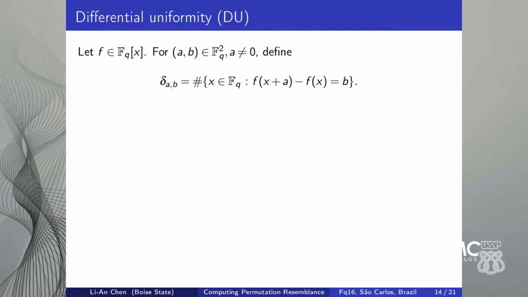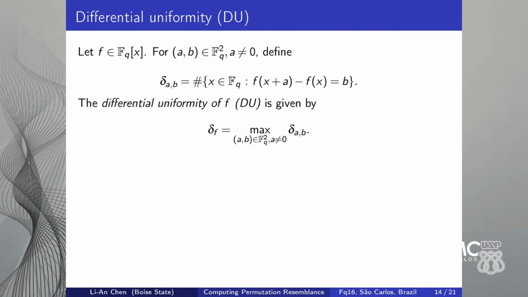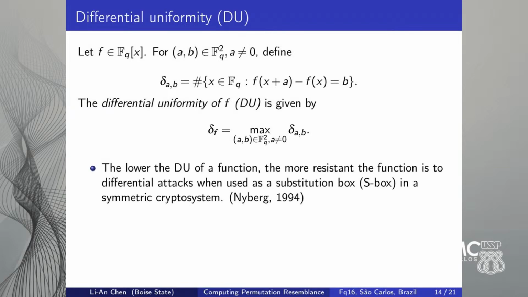Then we define delta ab as the number of solutions to this difference equation. The differential uniformity of f is the maximum of these over all a, b. I will call it DU from now on, and we want the DU to be as low as possible because of applications in cryptography.